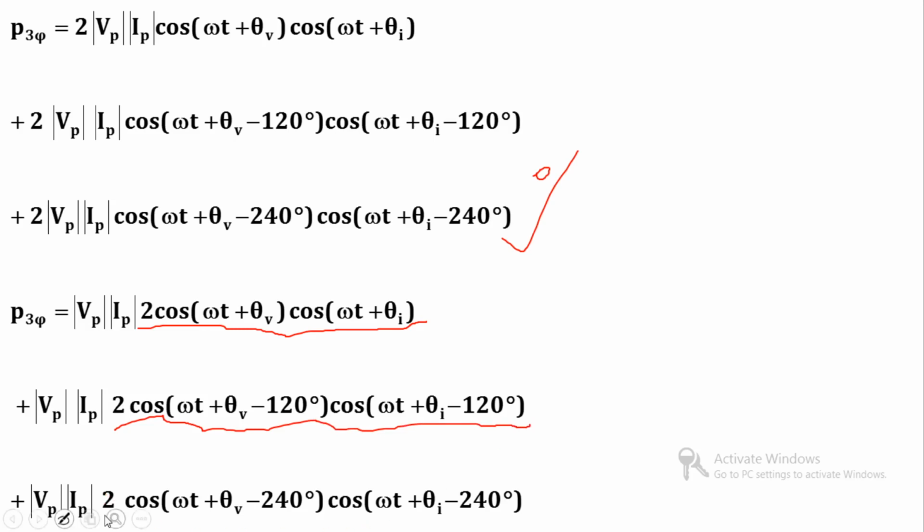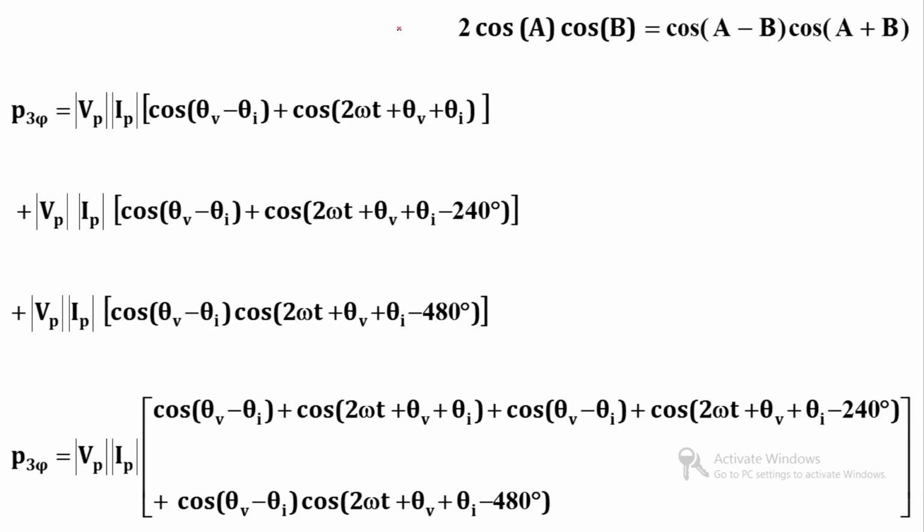And similarly over here, 2 cos(omega t plus theta v minus 240) into cos(omega t plus theta I minus 240). I will write in this manner just because I want to use this formula.